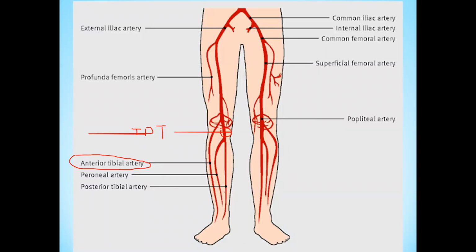But most commonly, they are 2 in number. So one artery will be accompanied by 2 veins: one posterior tibial artery with 2 posterior tibial veins, one peroneal artery with at least 2 peroneal veins, and one anterior tibial artery with 2 anterior tibial veins.